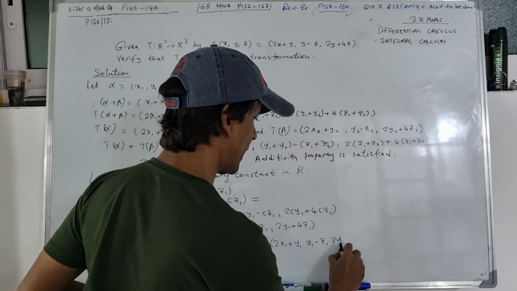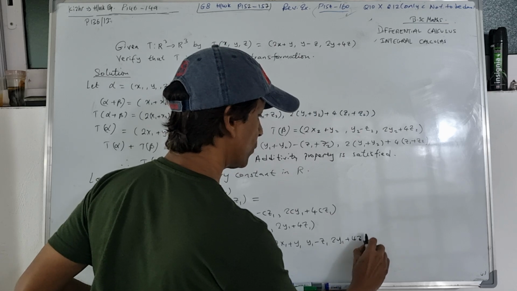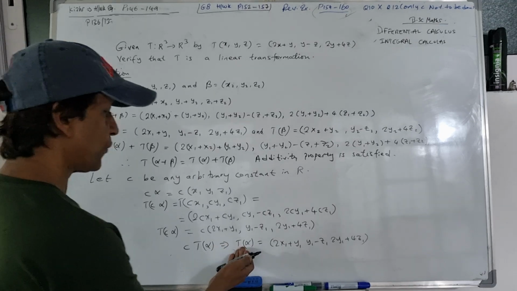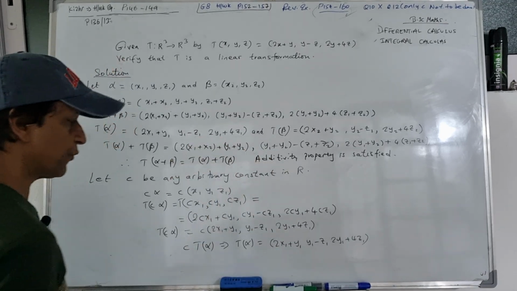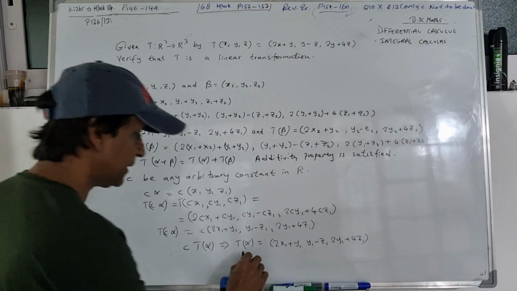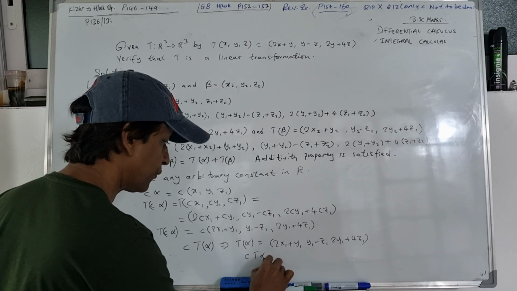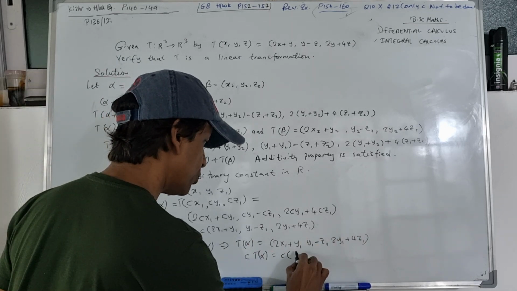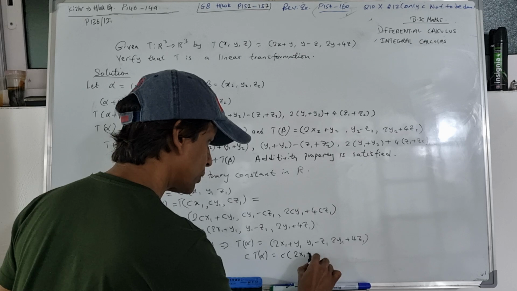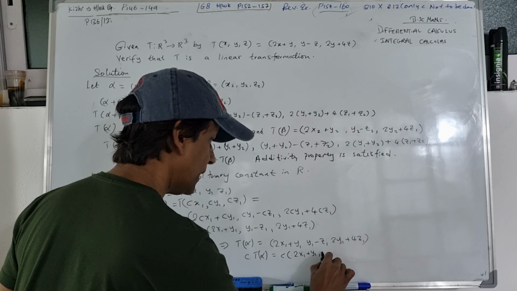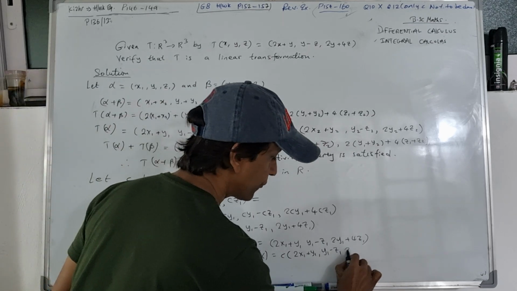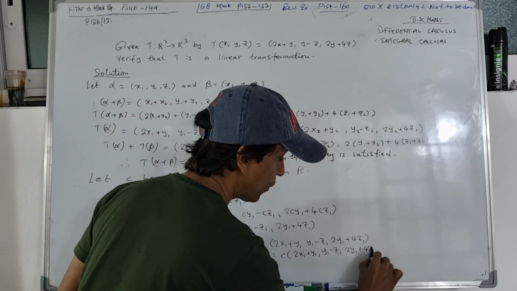That's the application of the transformation on my vector alpha. Now I multiply this by c, so C T of alpha is c times 2x1 plus y1, y1 minus z1, and 2y1 plus 4z1.